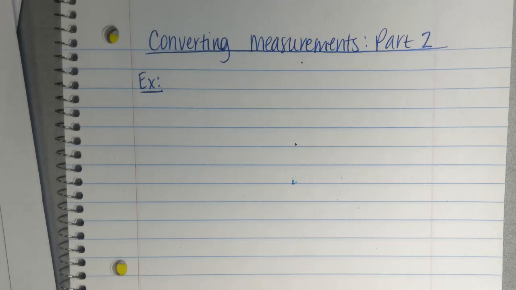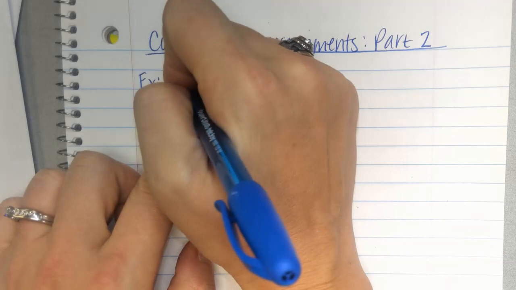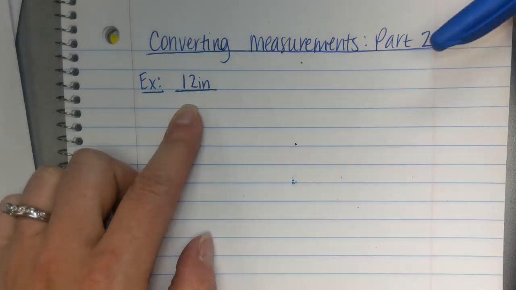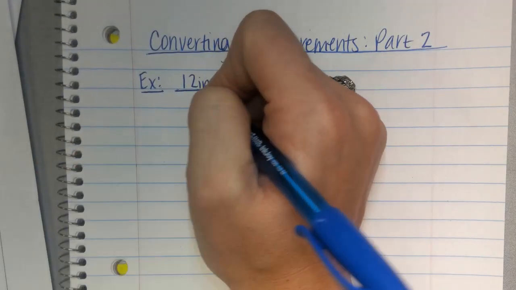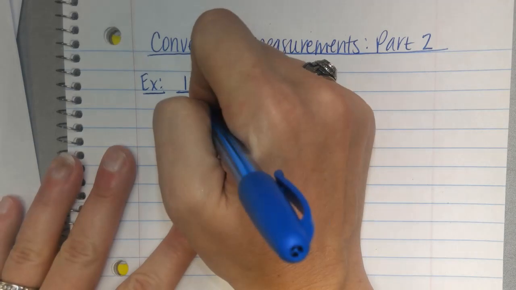So I'm going from customary to metric. We're going from inches to centimeters. That's what we don't know.